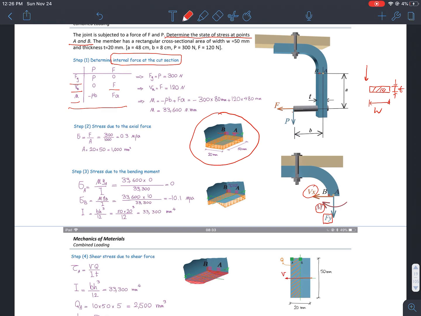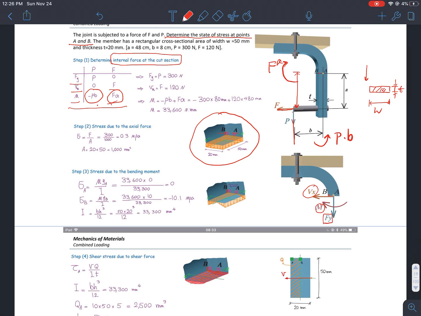The bending moment generated by P on this cross section equals the P force multiplied by the distance, which is PB. And don't forget, I also have a moment generated by F multiplied by the distance A. So this is another component.